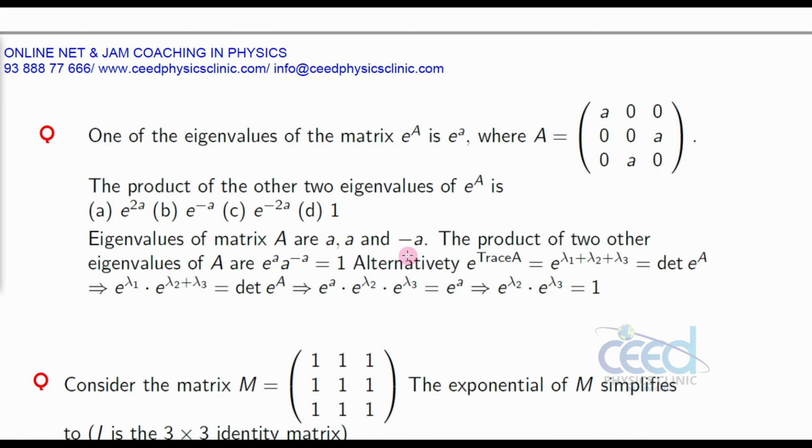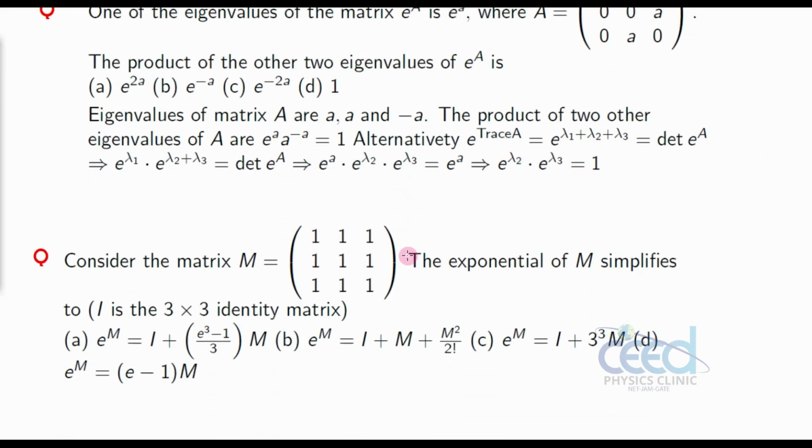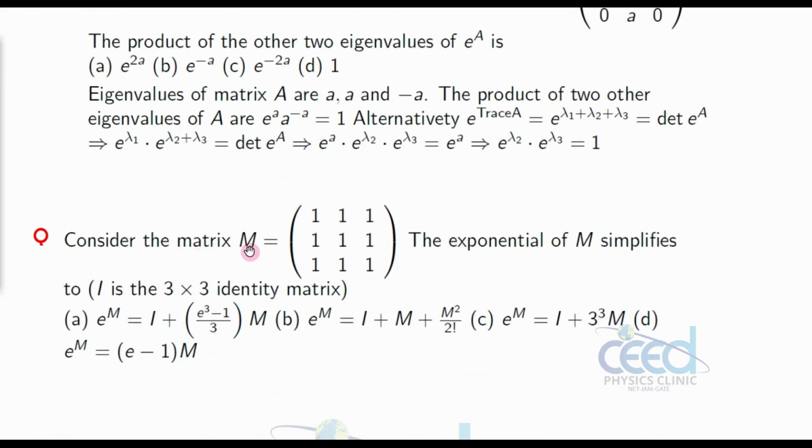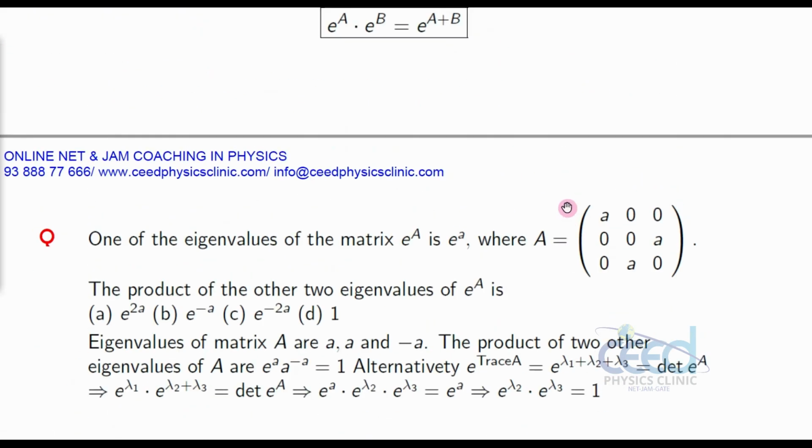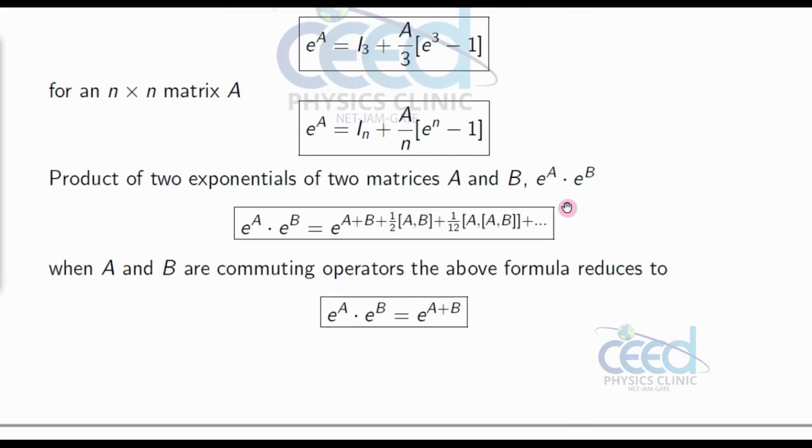Now the other question, the last question. Consider the matrix M. A matrix M is given, and the exponentiation of M simplifies to, I is the 3 by 3 identity matrix. We have already discussed the result here, the general result for e raised to a.